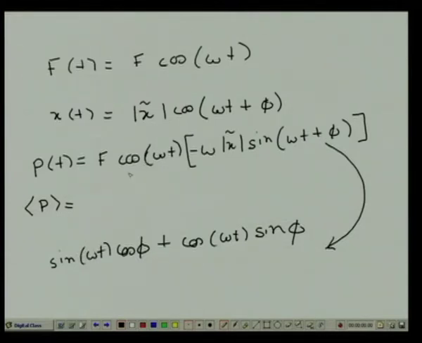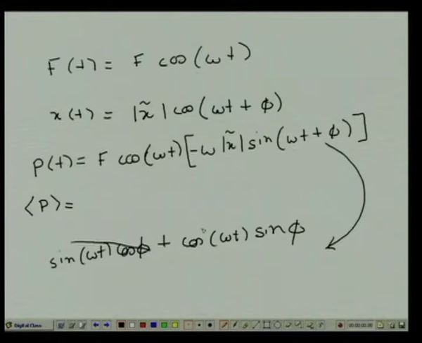The time average of sin 2 omega t is 0, we have already studied this. So, this term does not contribute to the time average power, it is only the other term which contributes. So, we have the time average of cos omega t into cos omega t, the time average of cos square omega t, which we have seen is half.